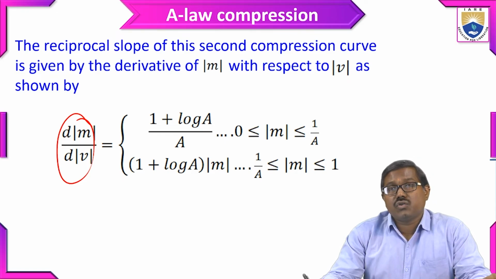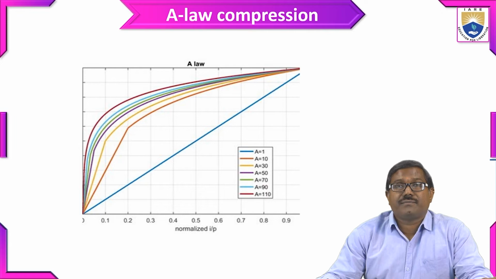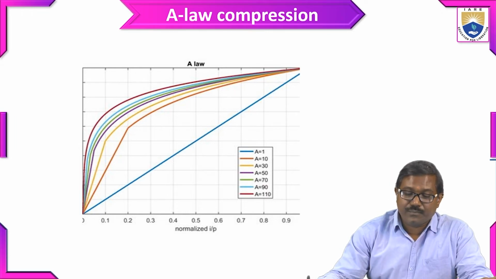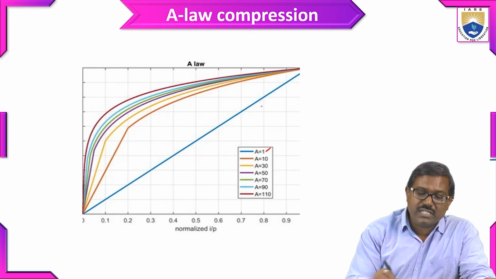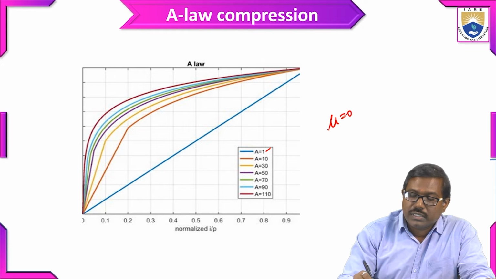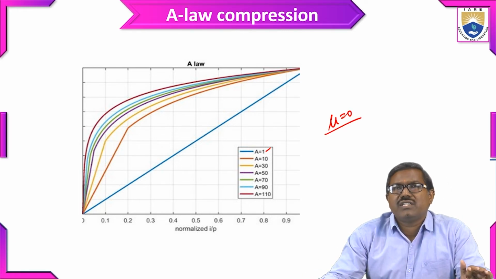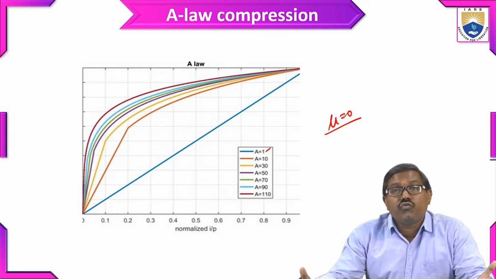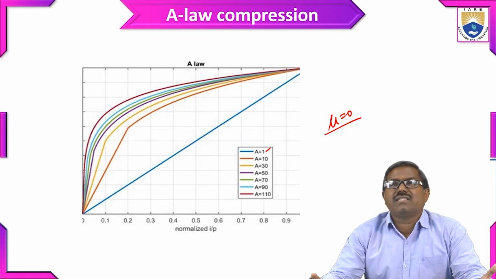And here also one graph is there, that is the A-law graph. Here you can see the A value is 1, no compression is done, which is similar to mu value being 0. In the mu compression curve, when mu value is 0, there is no compression. It's just like a uniform quantizer. Here also when A value is increased, the compression takes place.